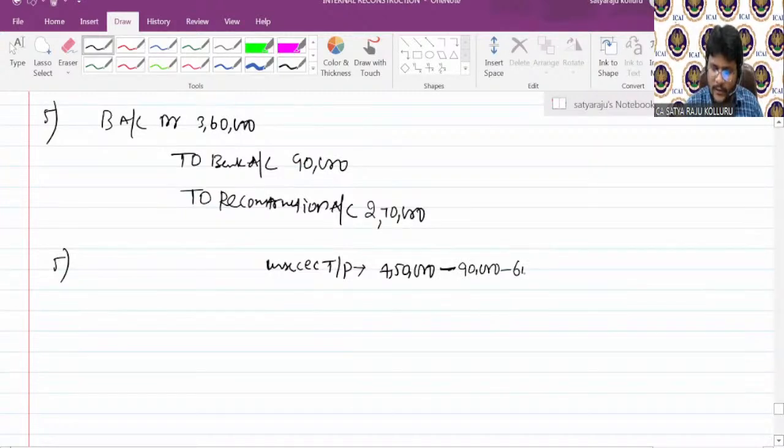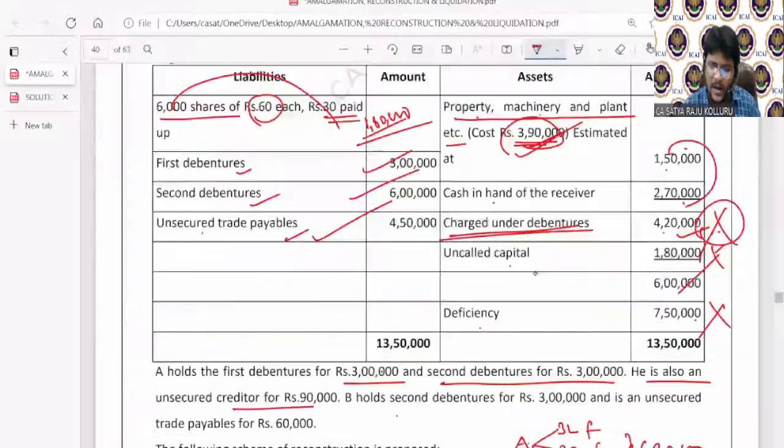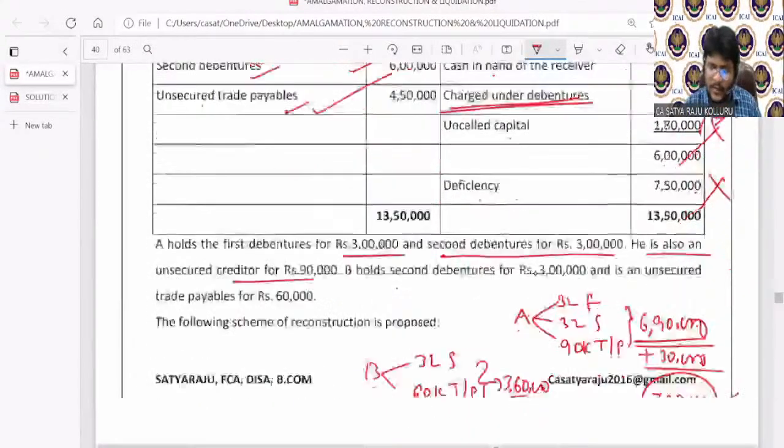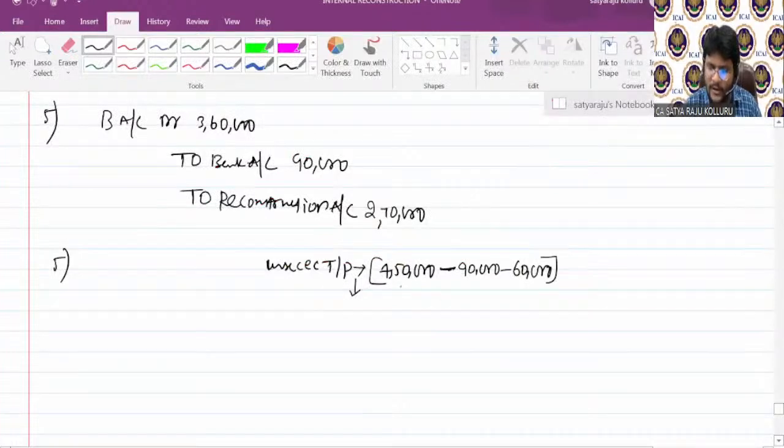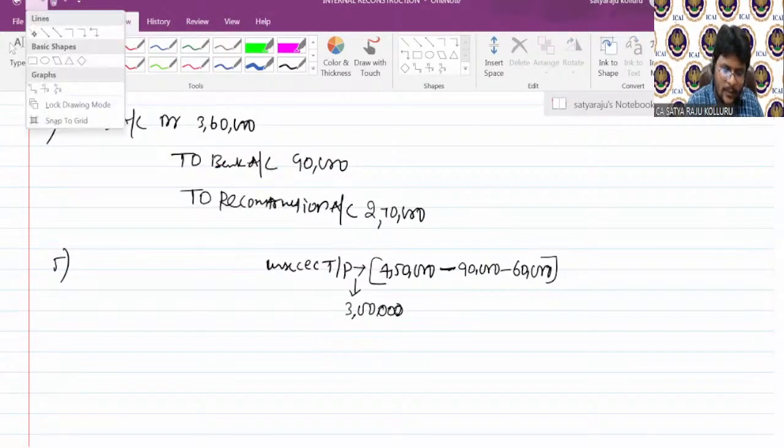Minus 90,000 minus 60,000, then what is the unsecured trade payable held by others than A and B? Am I right? From the given information, I'm just writing the things. In full settlement of 75% of the claim of unsecured creditors other than A and B, agree to accept. Now, what is this amount actually? 3 lakhs. 4,50,000 minus 1,50,000 means how much, guys? Which is 3 lakhs.